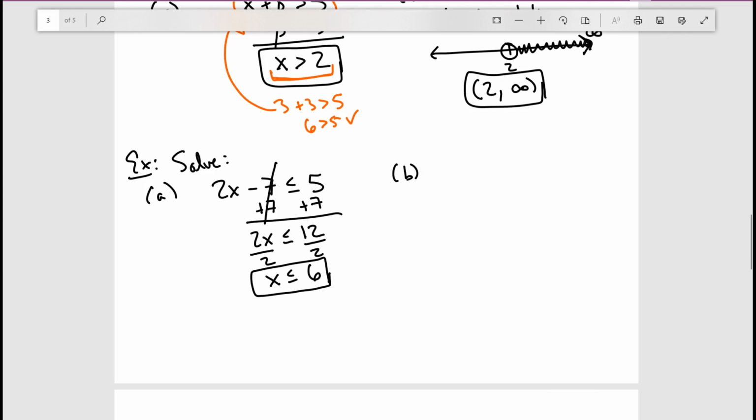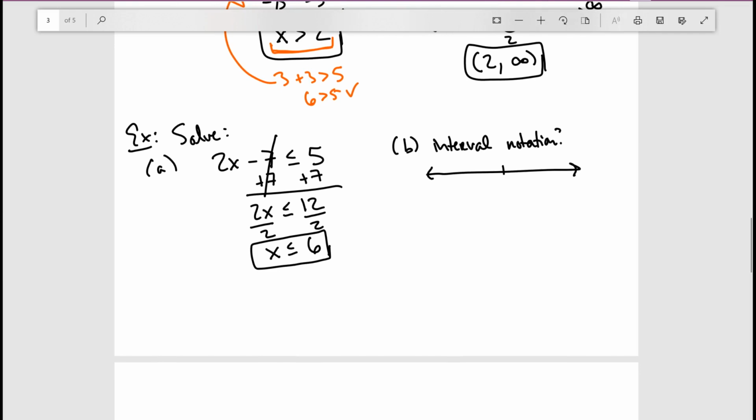All right. Part B, let's say we want to write it in interval notation. Okay, what would that be? Well, first thing that we want to do is graph it. This is optional. You don't need to graph it, but I'm a very visual person, so I like drawing it. Here is 6. Since there's a less than or equal sign there, you're going to go ahead and make it as 6 being included.